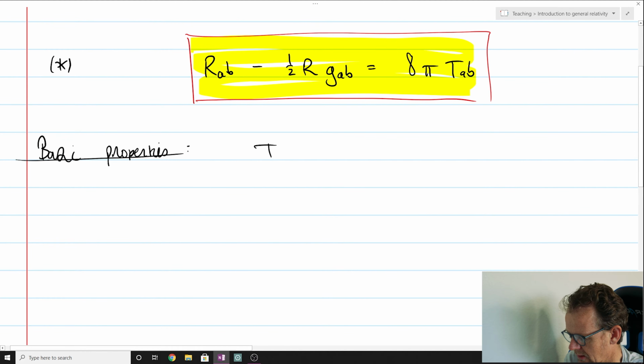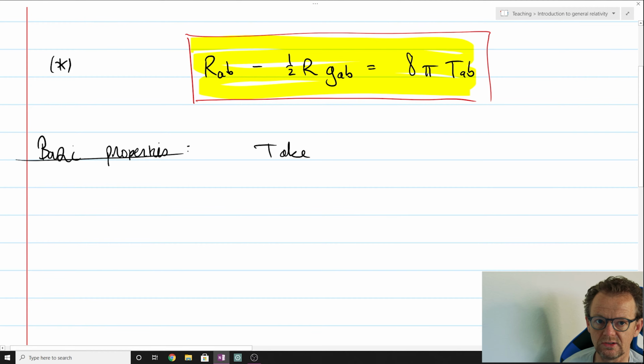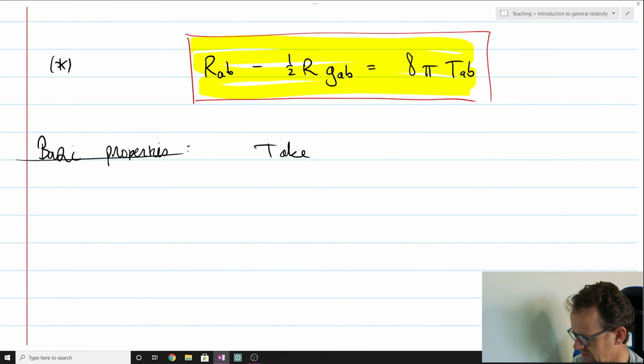Well, a good thing to do whenever you're faced with an equation of motion is just to start deriving other equations from it by operations that are allowed, and that way you'll build up a bank or library of equations that are true given that your master equation of motion is true, and then these may or may not be useful in various contexts. So the first thing we're going to do is just apply some basic tensor operations to Einstein's field equation, see what kind of consequences we can draw.